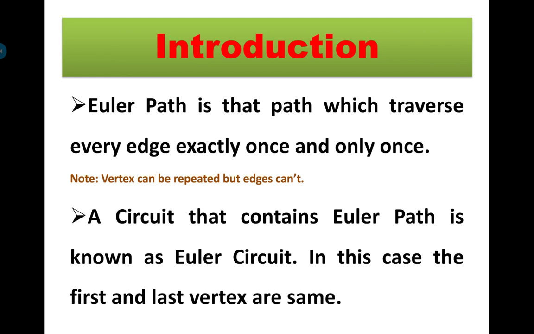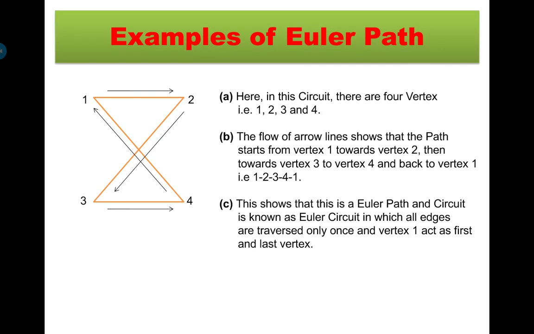So the circuits consist of the transistors NMOS and the PMOS, okay. Now let us understand more about the Euler path with the help of this example. In this example, a closed circuit is shown here. The circuit consists of four vertices, named vertices 1, 2, 3, and 4.